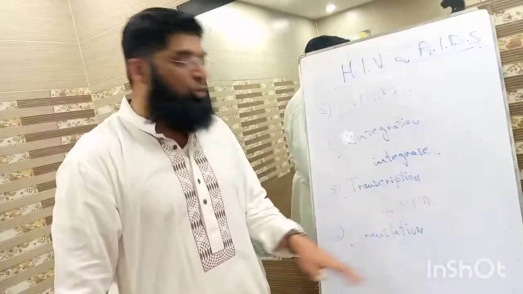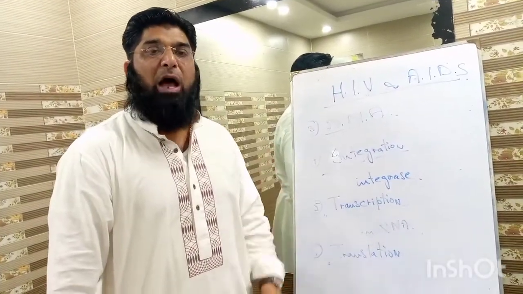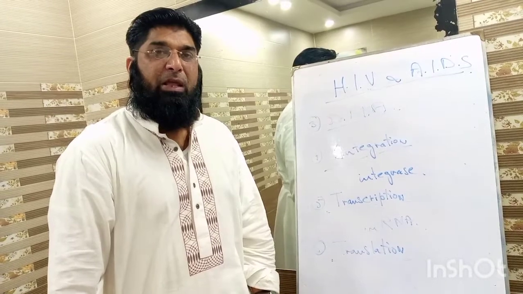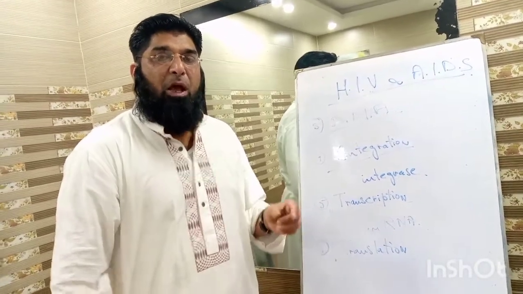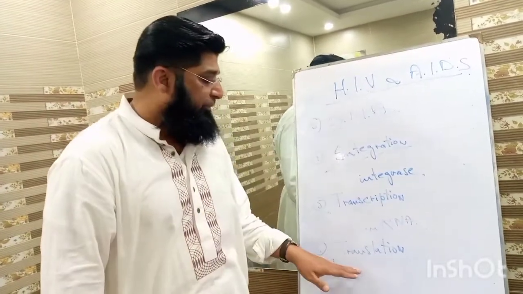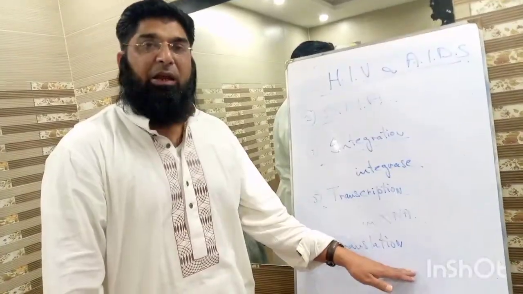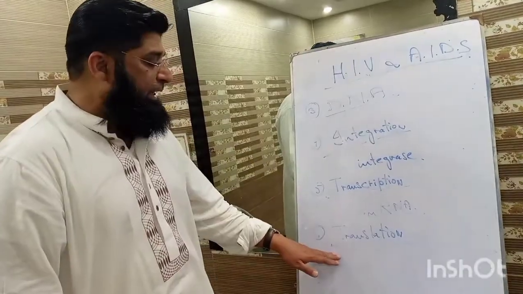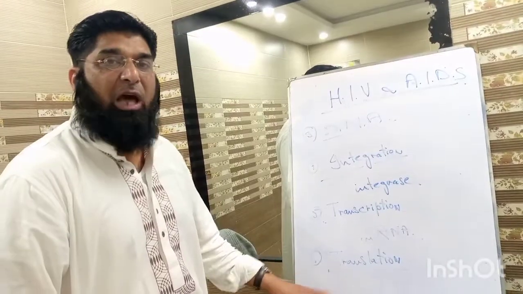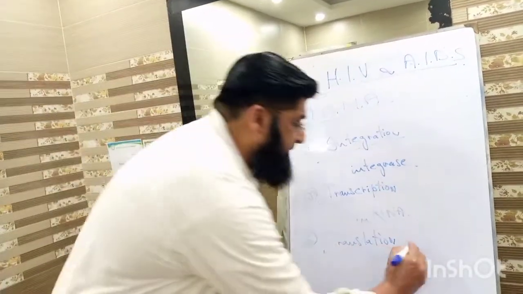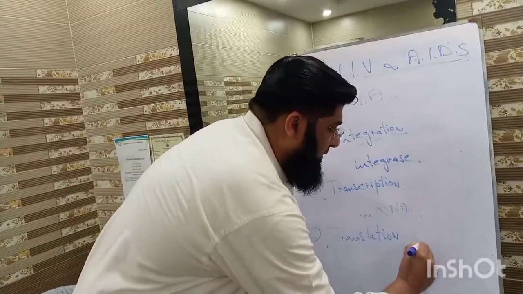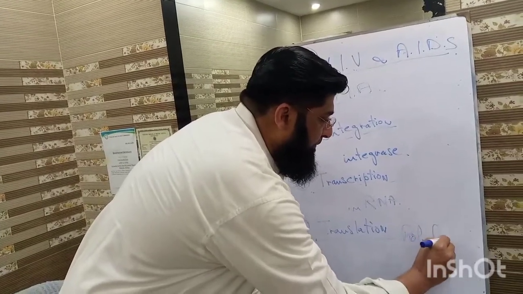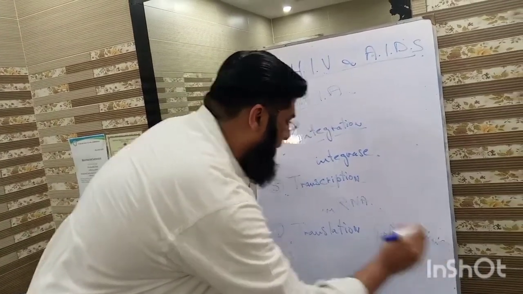Translation. Students, in this phase, the ribosomal RNA forms proteins and enzymes from the messenger RNA. And these proteins and enzymes are called polyproteins.